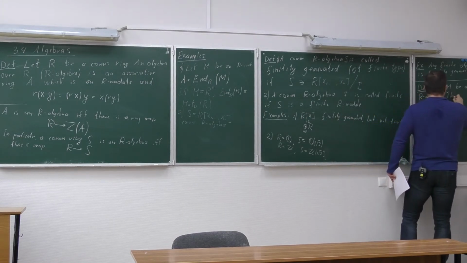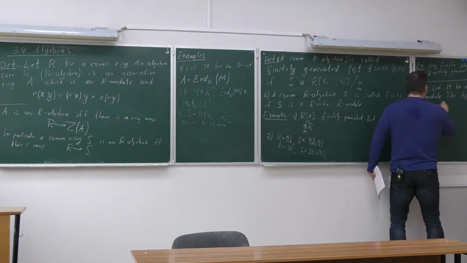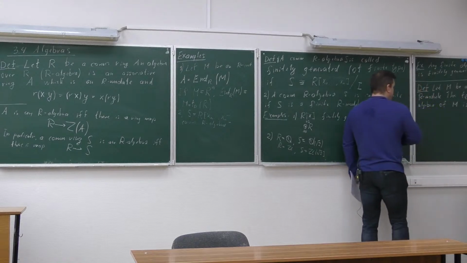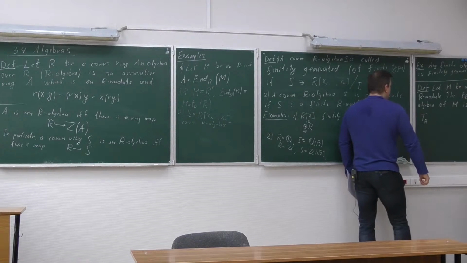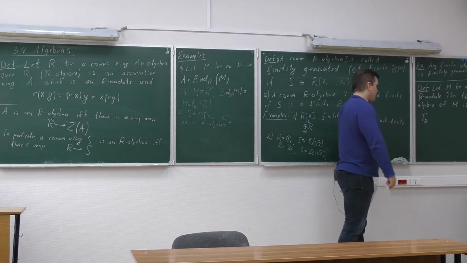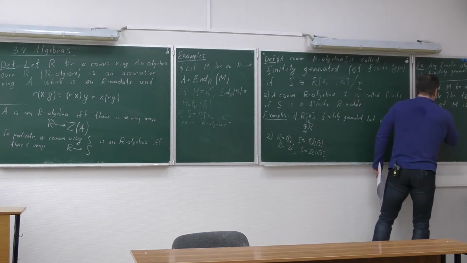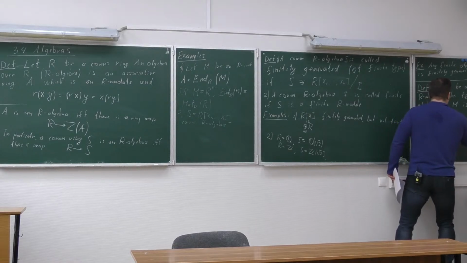So the tensor algebra of M is the following thing. The notation is T for tensor. If you want to indicate over which ring you consider this algebra, you write R as a subscript, and then the argument is the module M. By definition, this is just the direct sum of all the tensor products of M with itself.